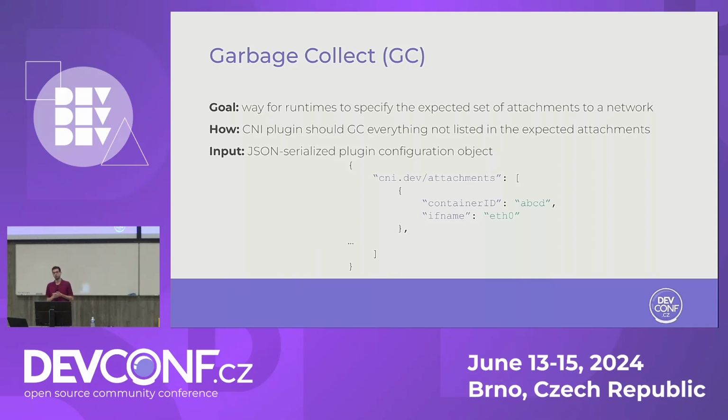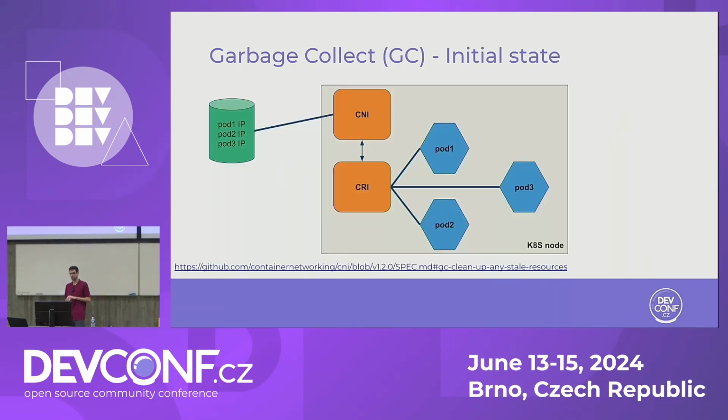So this new verb allows the runtime to say to the CNI plugin, these are the things I want to keep, you can get rid of everything else. This is the JSON formatted string that you need to send via standard in to the plugin. It's the list of attachments that you want to keep. For every container, you say the name of the interface that you want to preserve, and the plugin will get rid of everything else.